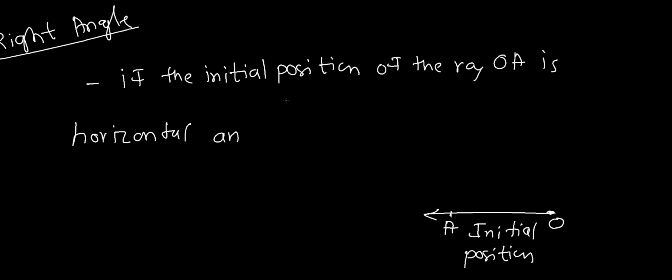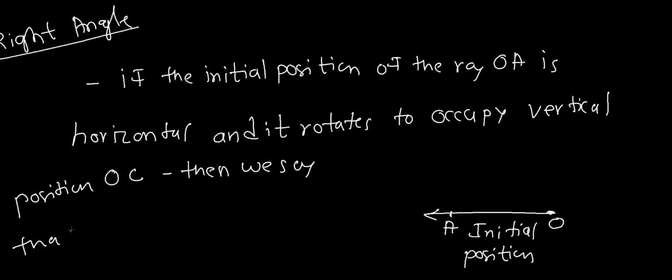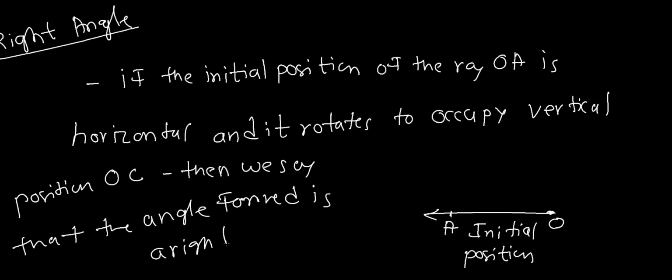OA is horizontal and it rotates to occupy vertical position OC. Then we say that the angle formed is a right angle.